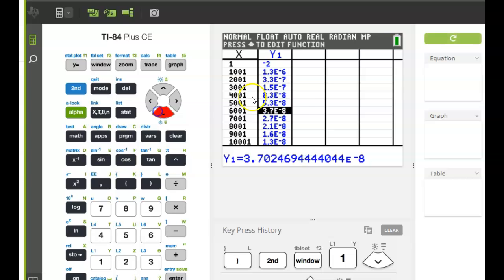And as I go larger in the x values, so as my x values start to grow, look at my outputs. My outputs are having more exponents that are negative, so now I'm moving this 9 decimal spots to the right. What answer am I eventually getting towards?